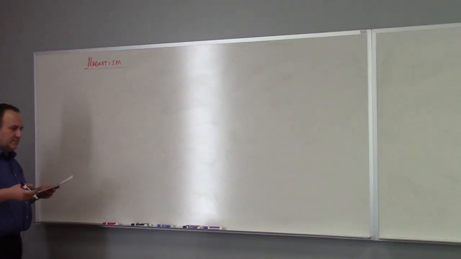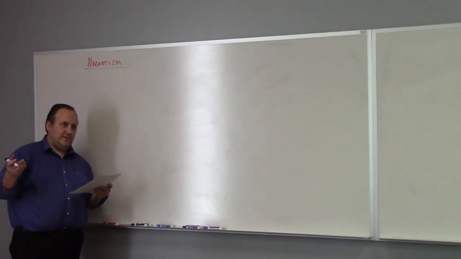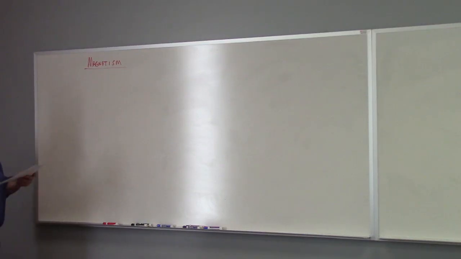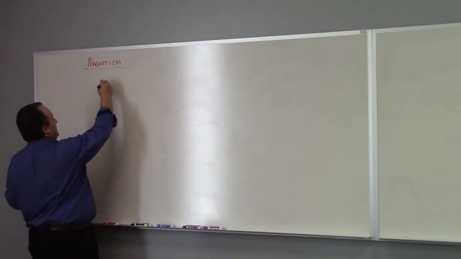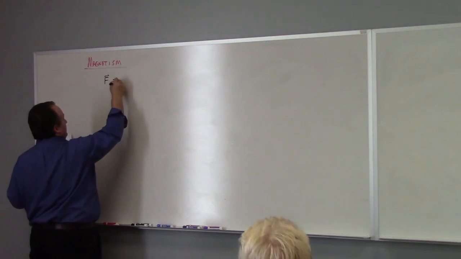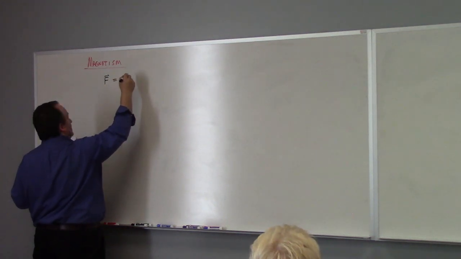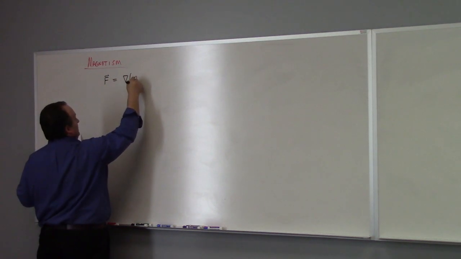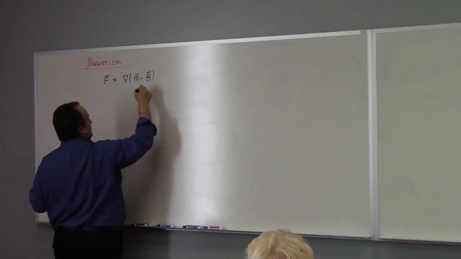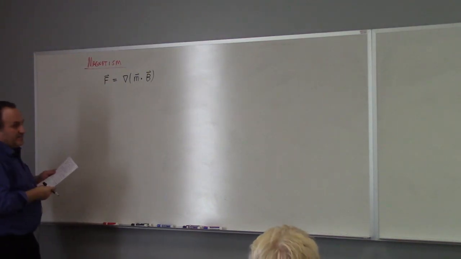Net force on a current loop under a magnetic field is zero, assuming the magnetic field is uniform. But if the magnetic field is not uniform, the force can be calculated from the gradient of the dipole moment of the current dotted with the applied magnetic field. And that doesn't have to be zero.